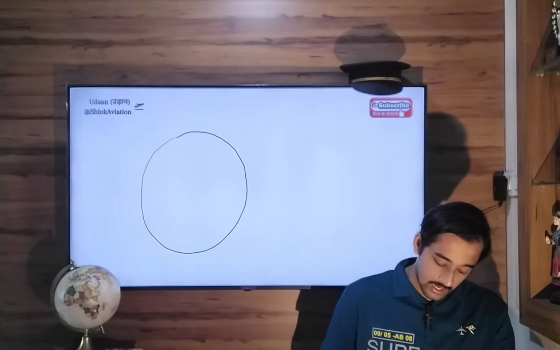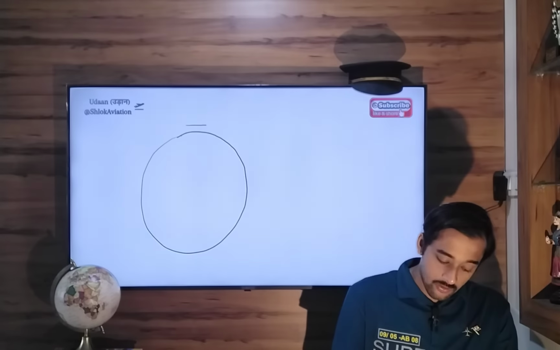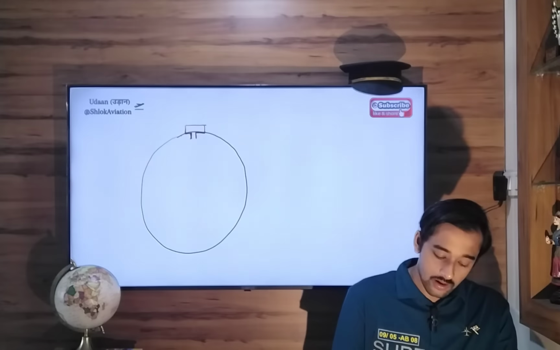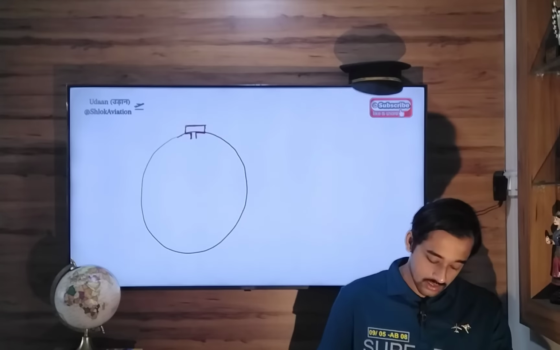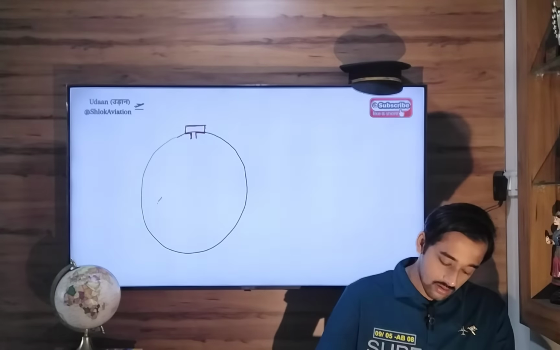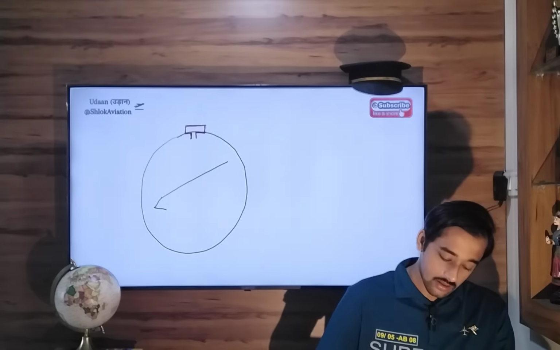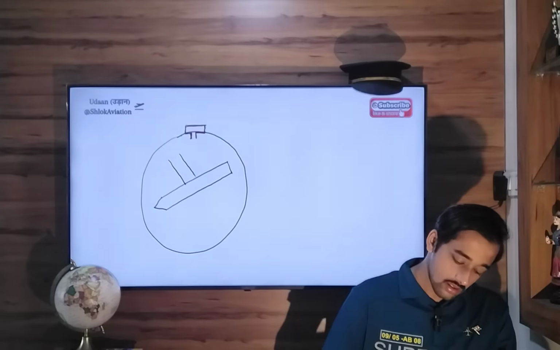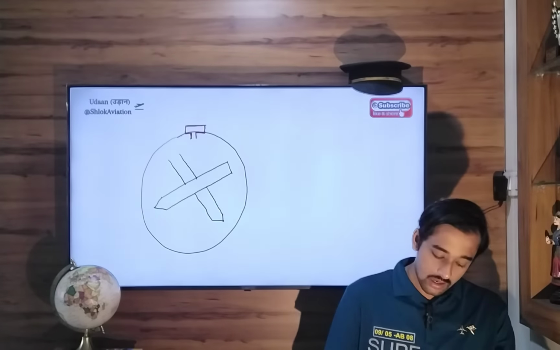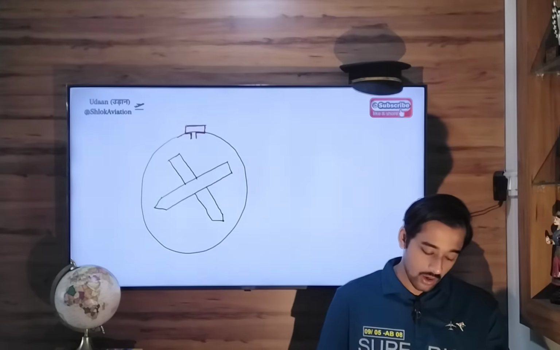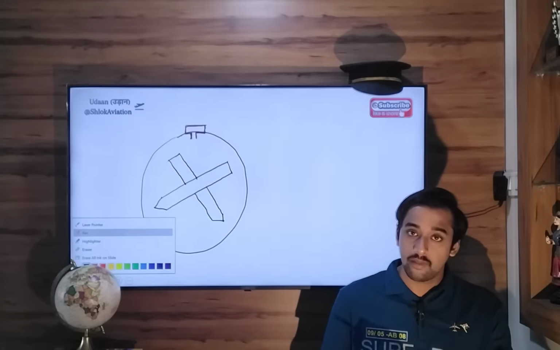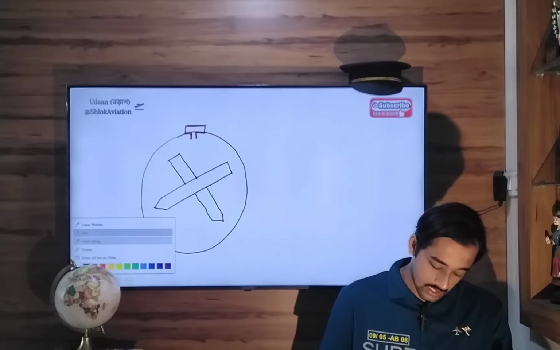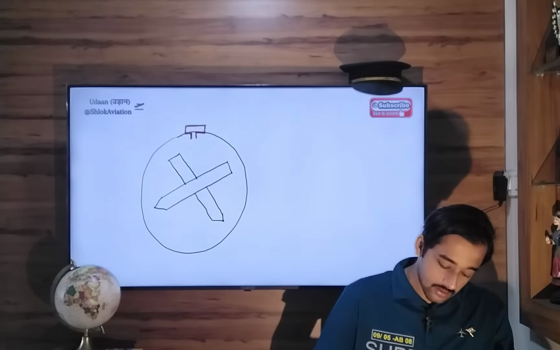On the top of it, you will see the magnetic heading. Then there are two needles, one for VOR and another for ADF. One will point towards the VOR station and give the magnetic bearing to the VOR station. I am coloring it.